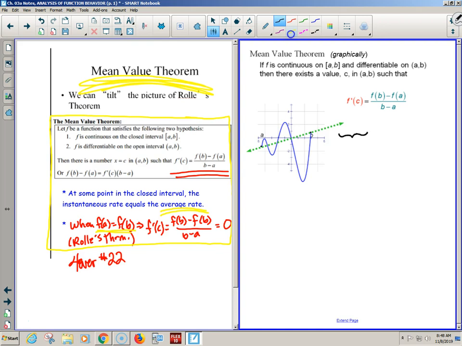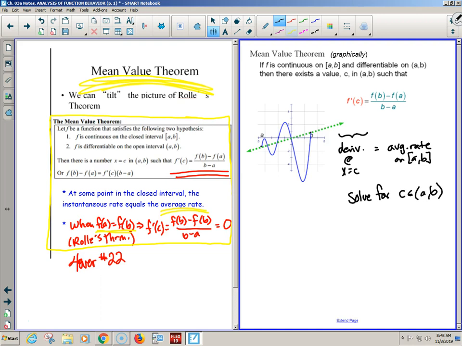You take the derivative and you set the instantaneous rate, the derivative at x equals c, equal to the average rate on a to b. So equation equals equation, and then you solve for any c's within but not including a to b.